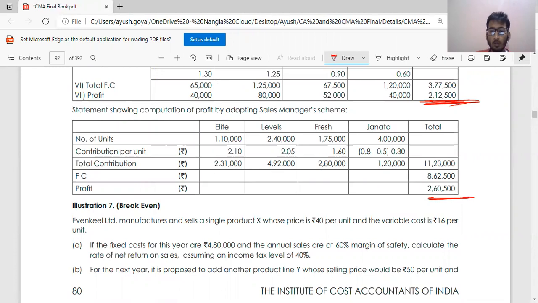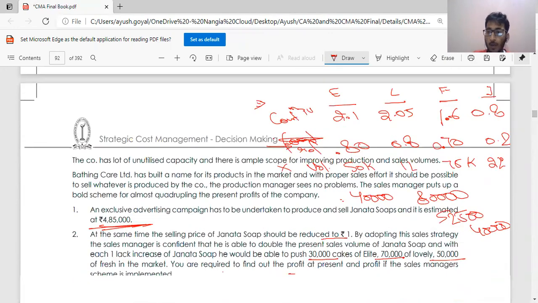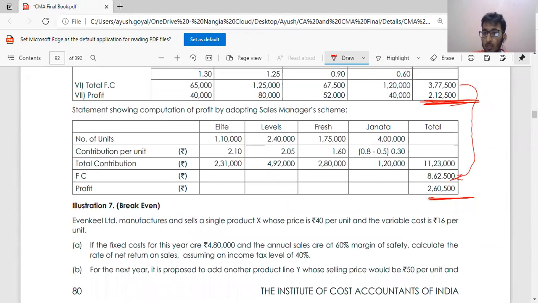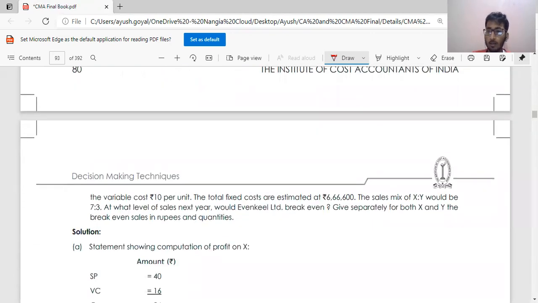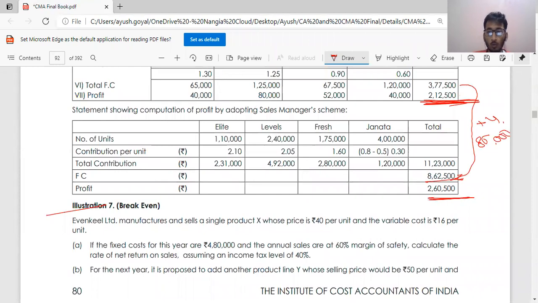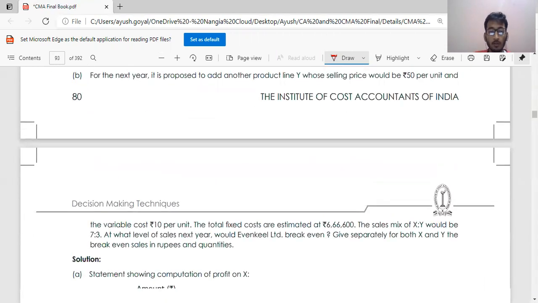Be careful that in 8,62,500, this 485,000 is also included. So 377,500 plus 485,000 would come to 862,500. So be careful, and this is done. This would be your homework. Just let me know if you have any problem.